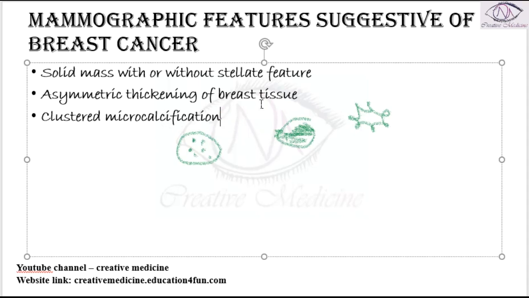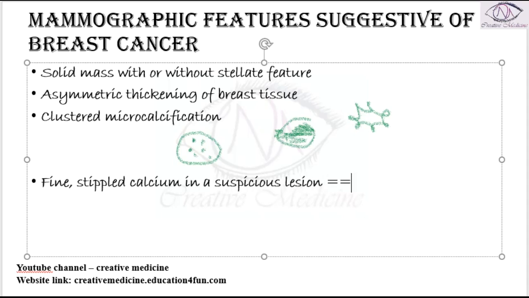And in breast cancer, you will see the presence of fine stippled calcium in a suspicious lesion. If fine stippled calcium is seen in a suspicious lesion, then it is suggestive of breast cancer, and it is seen in almost 50% of non-palpable cancers.